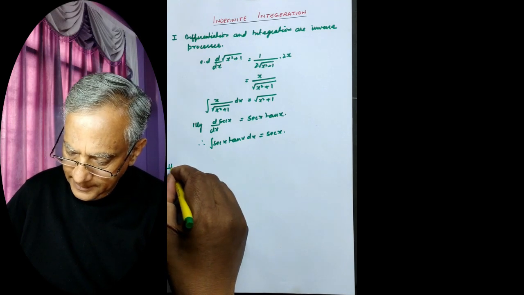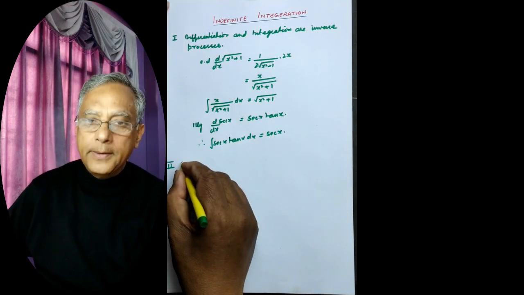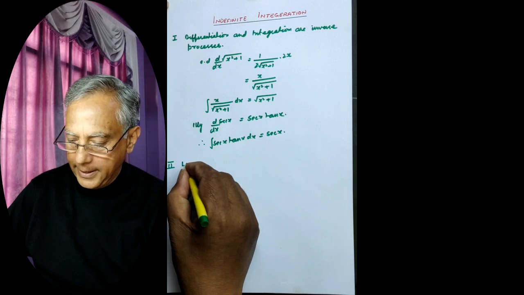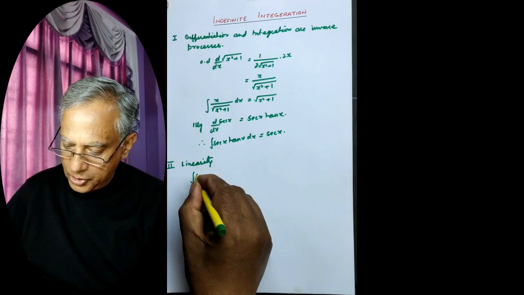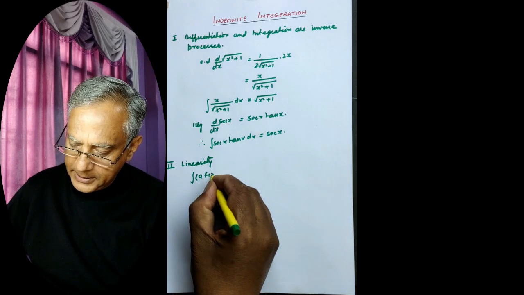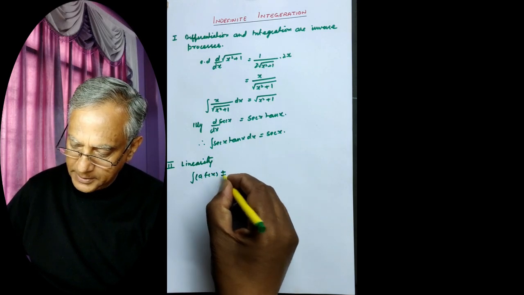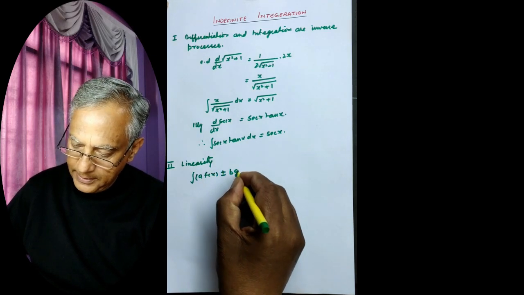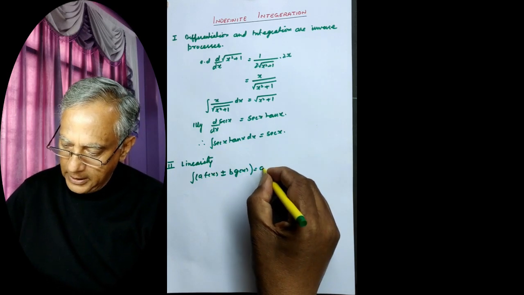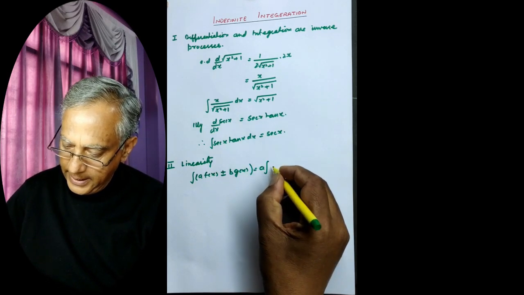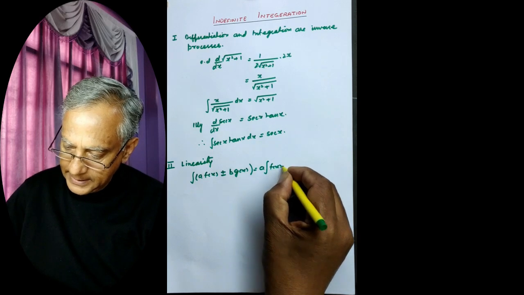Second thing is linearity. That is, integration of a f(x) plus minus b g(x) is equal to a, which will come out, times integral f(x) dx.